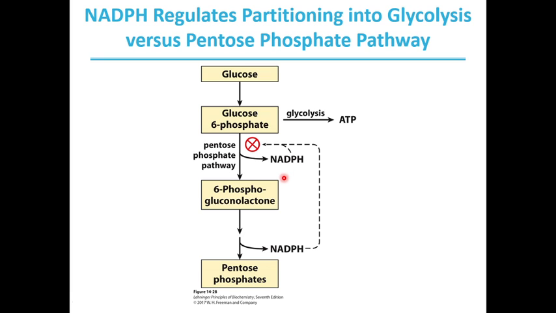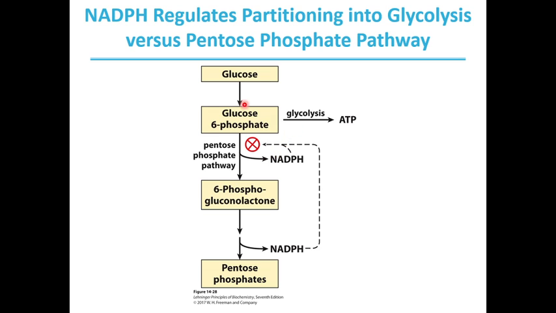NADPH can regulate partitioning into glycolysis versus pentose phosphate pathway. When NADPH is forming faster than it is being used for either biosynthesis of fatty acids or in glutathione reduction in removing oxidative stress, the concentration of NADPH rises and inhibits the enzymes that catalyze the oxidative pentose phosphate pathway, and especially the first enzyme in the pentose phosphate pathway.